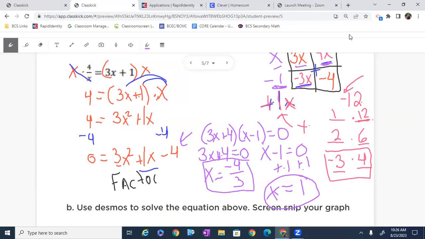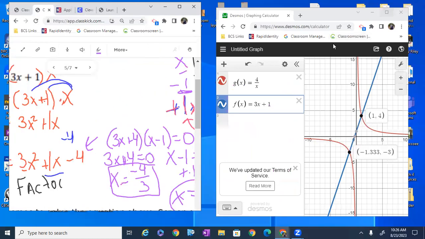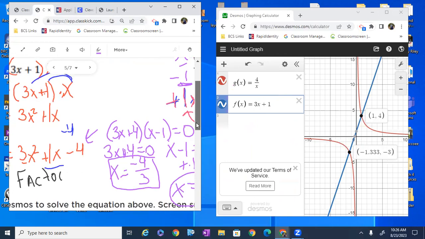So how do we check it, just in case? We go over to Desmos. I'm going to check my work to make sure all my algebra is as beautiful as I think it is. I'm going to type in my two functions. The original functions were 4/x and 3x plus 1. I'm going to look for where they intersect. So notice that the first one is at x equals 1. That was one of our answers.